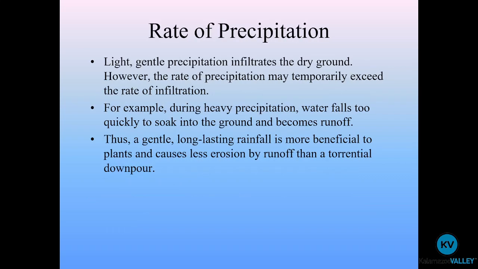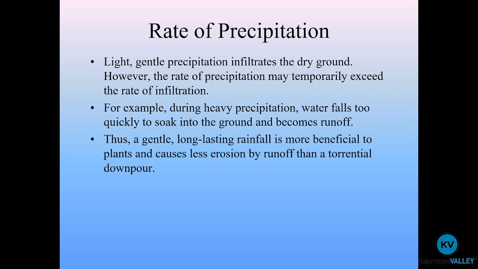With the rate of precipitation, what's really driving that is not necessarily the speed the water is falling at, because it's all falling at the speed of gravity, 9.8 meters per second squared, but rather the quantity of water. If you're having a light precipitation, there's less to be absorbed, so the pore spaces aren't as filled, which means it's going to be absorbed rather than run off.